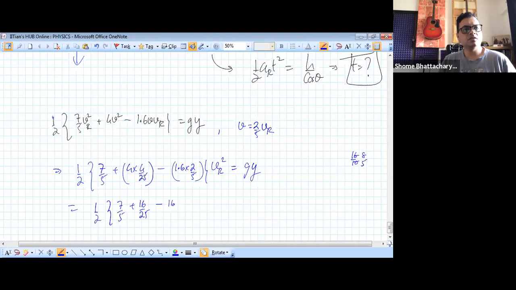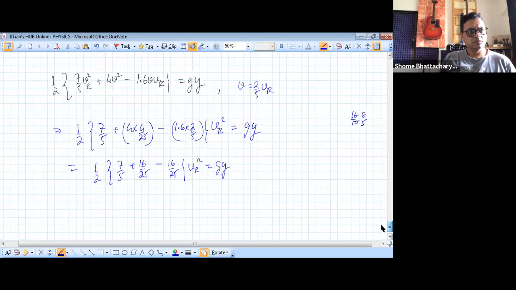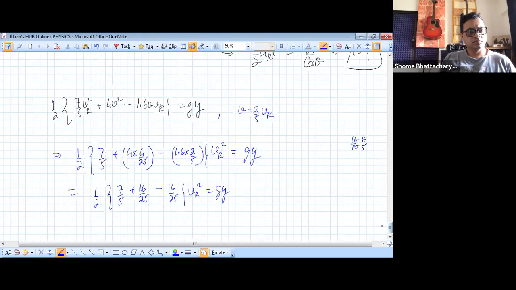So this will become 16 by 25. So we'll get 7 by 10 v relative square is equal to gy.